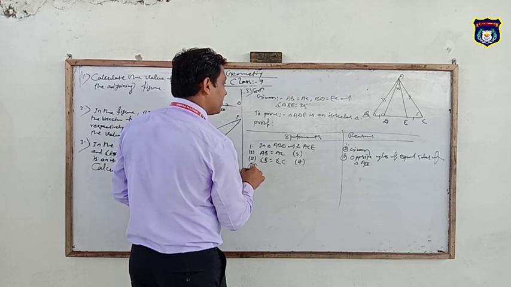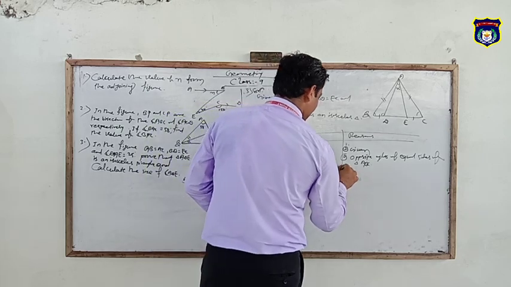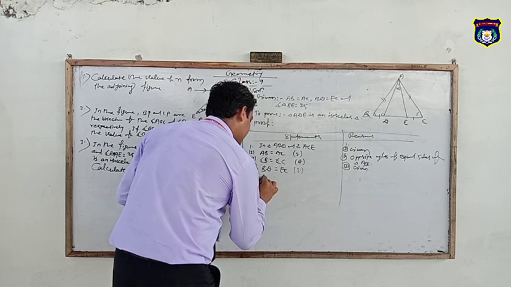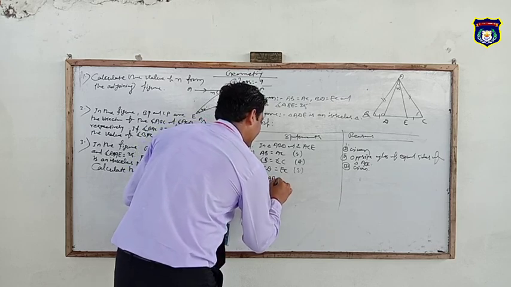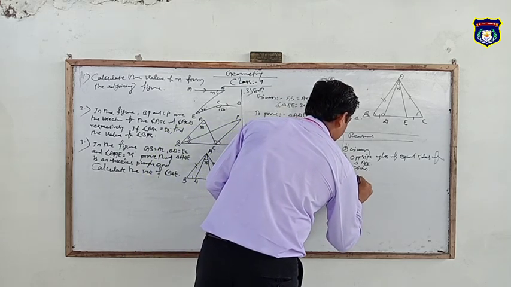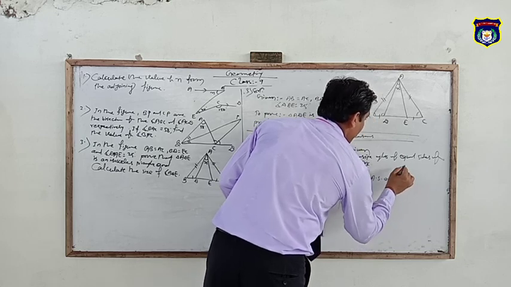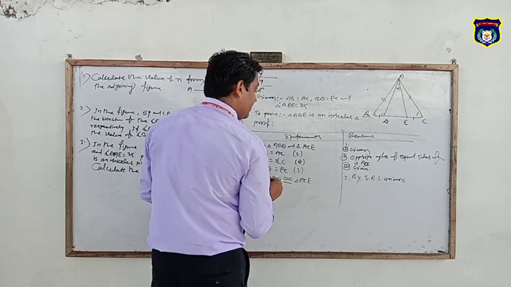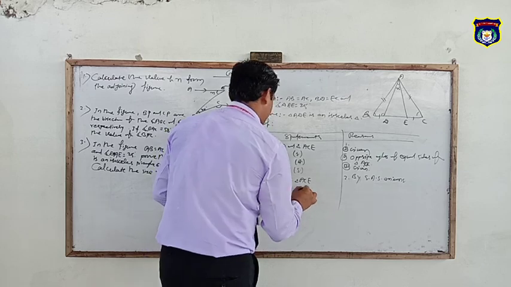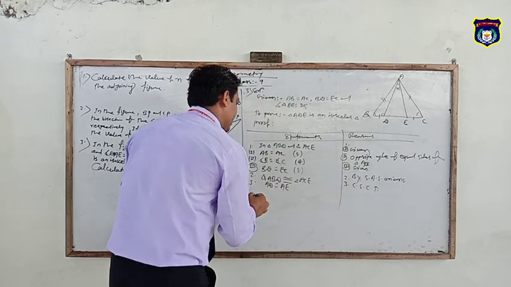Then BD equal to EC, given. And triangle ABD is congruent to triangle ACE by SAS axiom. In step 3, AD equal to AE, corresponding sides of congruent triangles, CPCT.